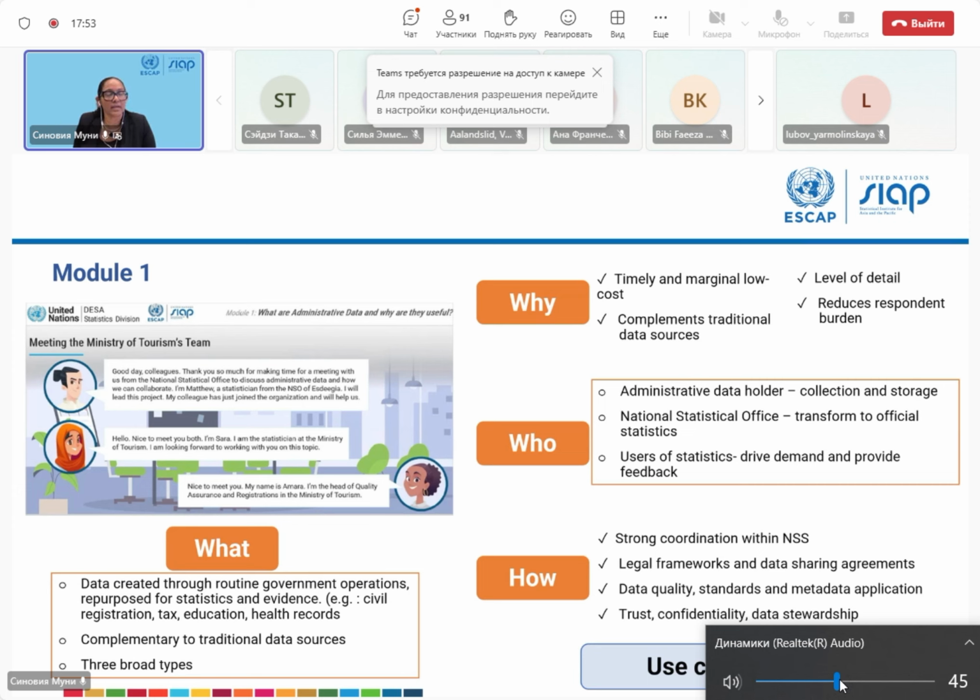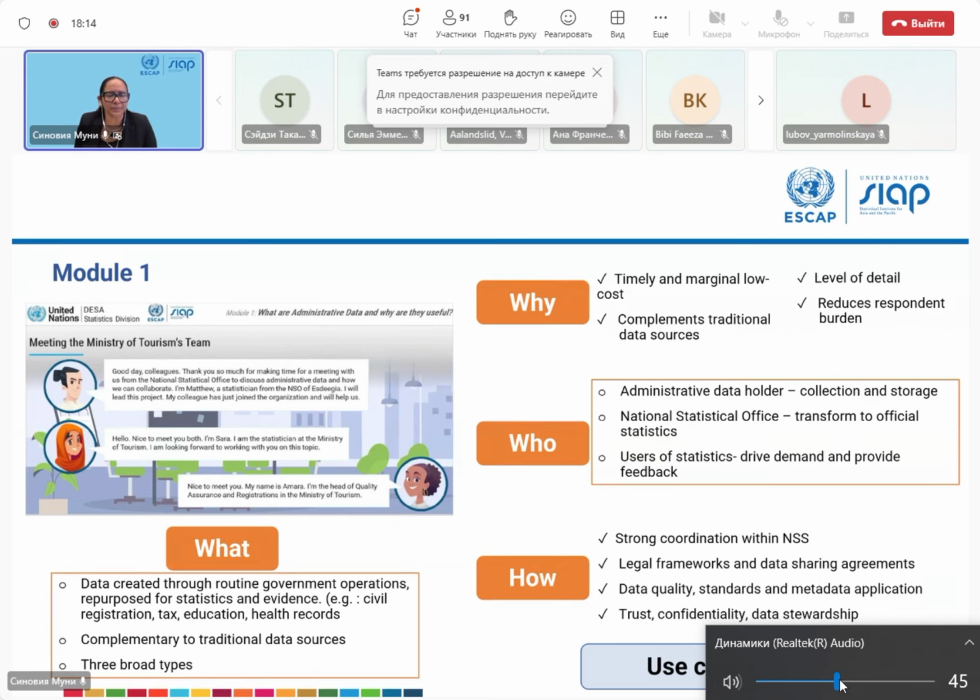And then the other key actor within the National Statistical System that's involved is, of course, the National Statistical Office that transforms this administrative data into official statistics. And then, of course, we have the users of data that drive the demand and provide feedback.